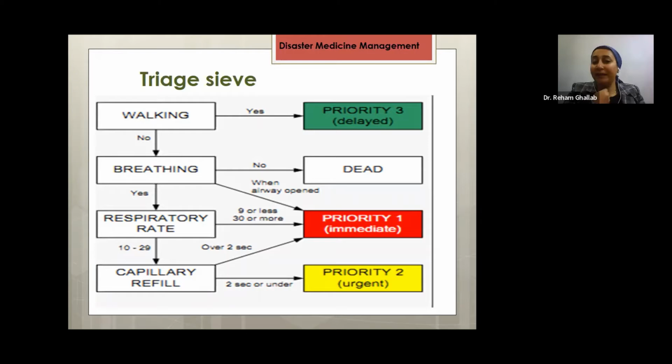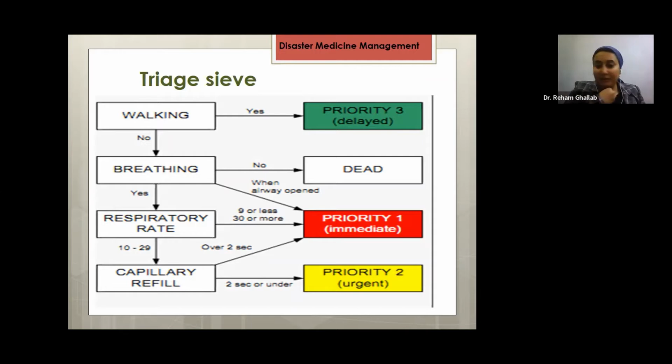If he breathes, okay, he is surviving. If he doesn't breathe, please check the airway. This is the only maneuver in triage by SIEF. When we check the airway, if the patient respirates, he is priority immediate or red.